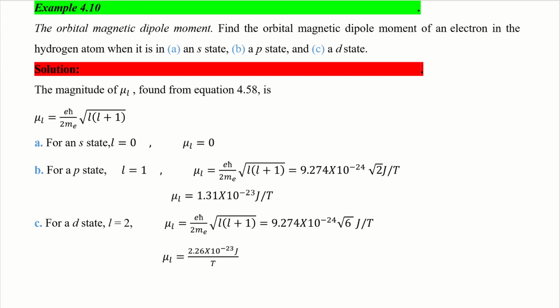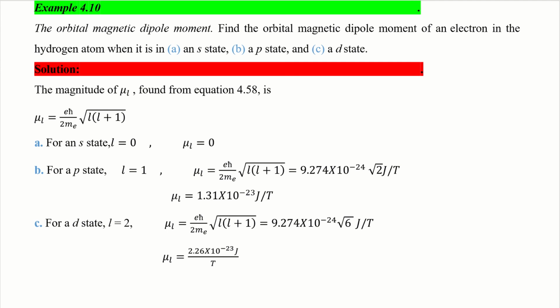The magnitude of mu sub L is found from equation 4.58, which says that mu sub L is equal to e h bar over 2 m sub e multiplied by the square root of l times l plus 1.